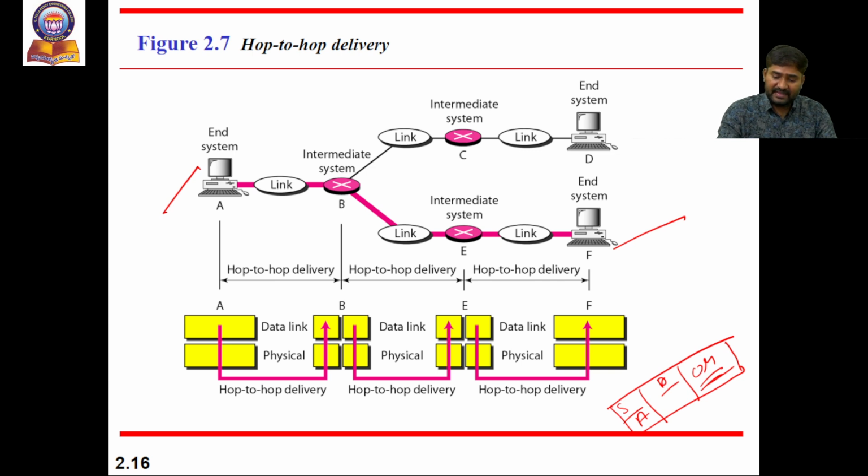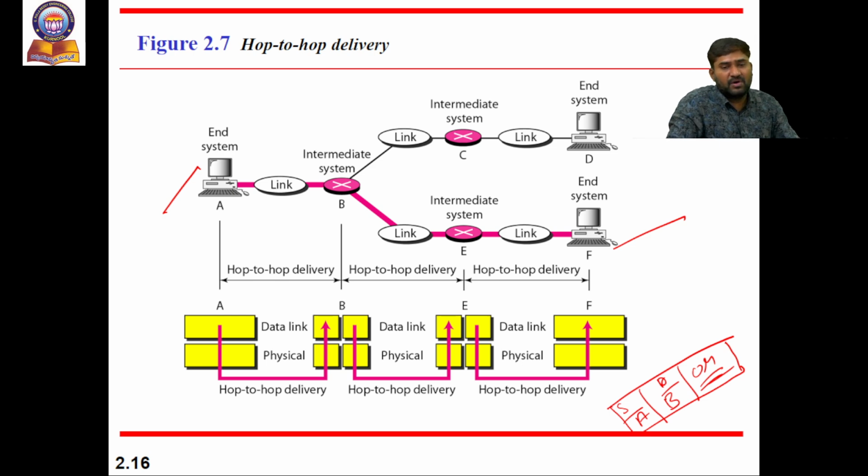I'm going to add the destination system as B, because the data link layer is responsible for moving the packet from hop to hop. What is the next hop from A? The next hop is B. Hop is nothing but the next device.